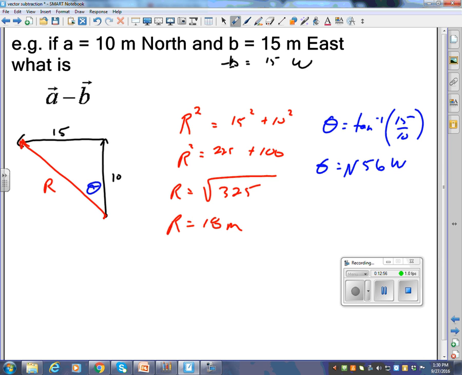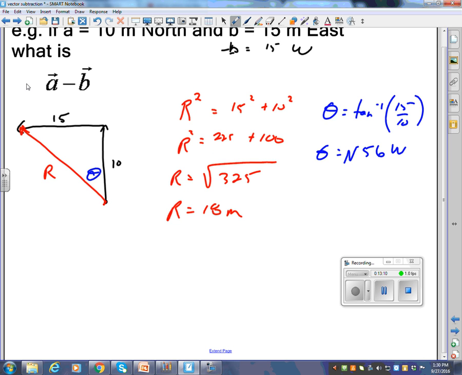How is this different from the last couple days? Vector addition. We flipped it. All I did was turn east into west. That's all I did. You can do this because it's a right triangle.